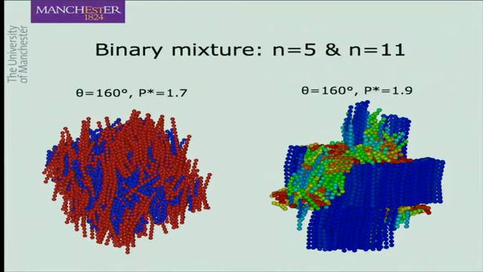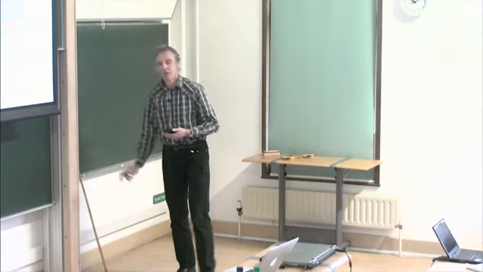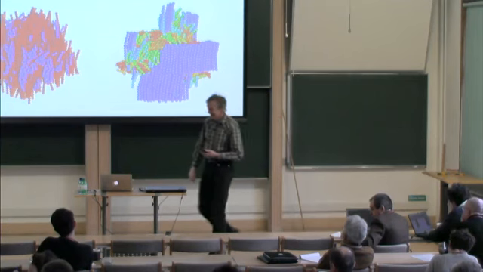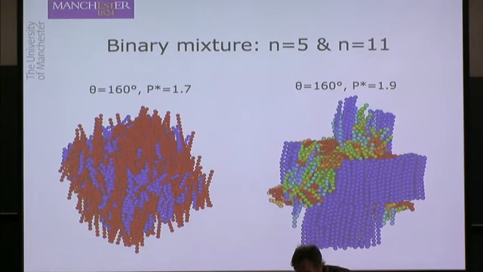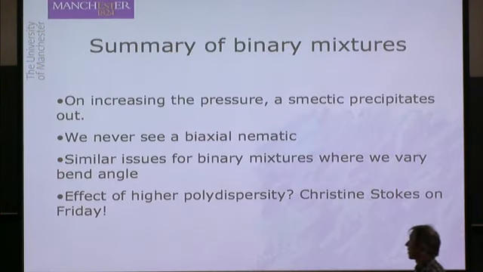If you press even further, though, the big blue molecules kind of fall out as a smectic, leaving an isotropic solution of the little ones behind. So that didn't work either. So the summary is, when you increase the pressure, a smectic precipitates out, and we never see a biaxial nematic.